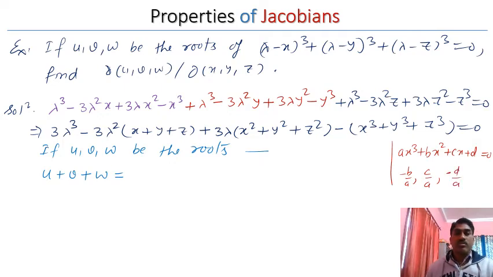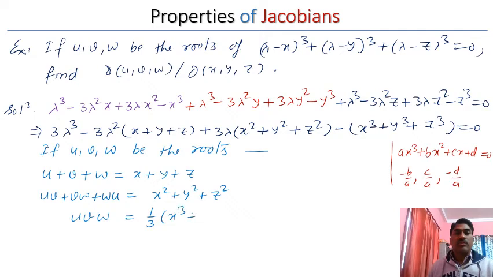So using this rule, we will get u plus v plus w equal to x plus y plus z, and the pairwise product sum uv plus vw plus wu equal to x square plus y square plus z square, and the product of all the roots uvw equal to 1 by 3 (x cube plus y cube plus z cube). So now we have established the relationship between u, v, w and x, y, z.